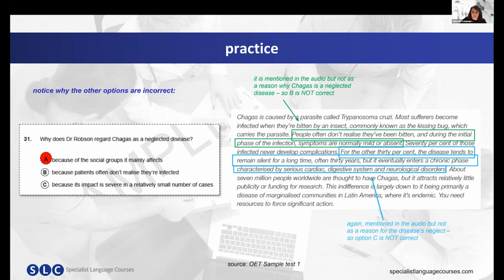And C is mentioned, but again, it's not given as a reason that it's neglected. He's giving us information about the disease, and he describes a severe impact, but again, it's not the reason. So we have to be very careful when we're choosing our answers that it answers the right question.